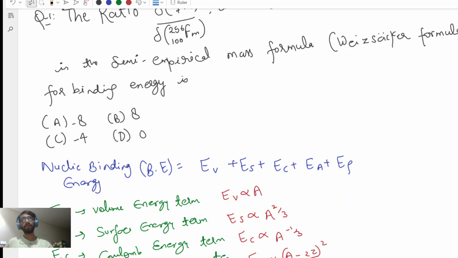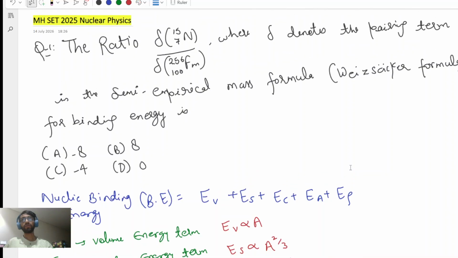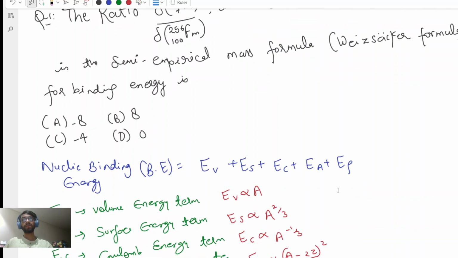a very large formula, which is basically volume energy term, surface energy term, Coulombic energy term, asymmetric energy term, and pairing energy term. In this question, the pairing energy term ratio is asked. One by one, we will see the relation of each energy term with respect to the atomic mass.